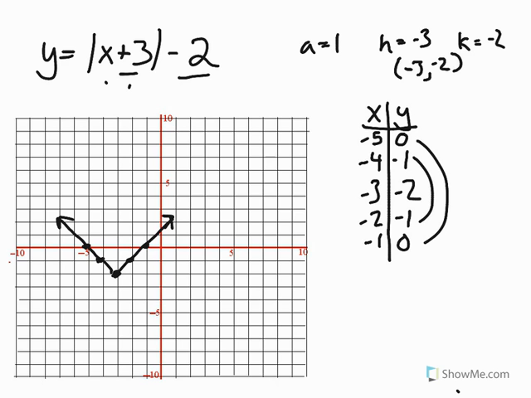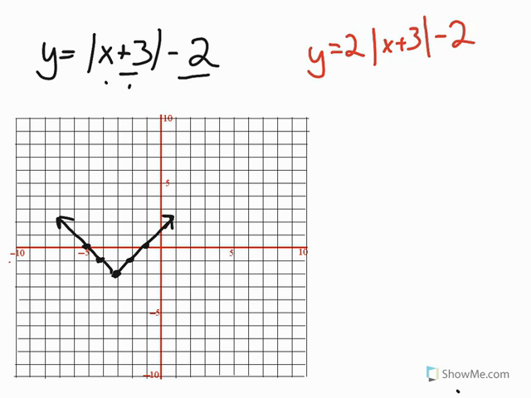And now we're going to go ahead and make it taller and do a vertical dilation, and we're going to do it by a scale of 2. So as you can see here, in order to dilate it by a scale factor of 2, I just change a to 2. And this is to vertically dilate it, because remember, for vertical dilations, a is greater than 1 or less than -1. And I'm going to go ahead and make a table for these values as well.